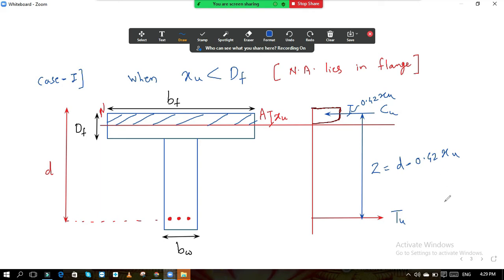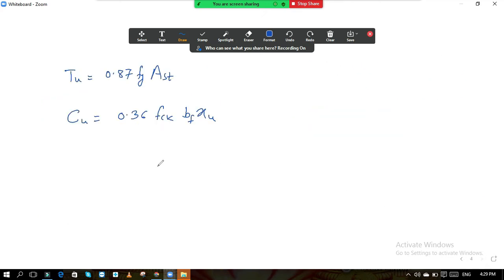So these are the things. This is your case number 1. Here I will write Z equals D minus 0.42 x. And the rest of the things you know: if x is less than x max, under reinforced; x greater than x max, over reinforced, and then we will analyze.